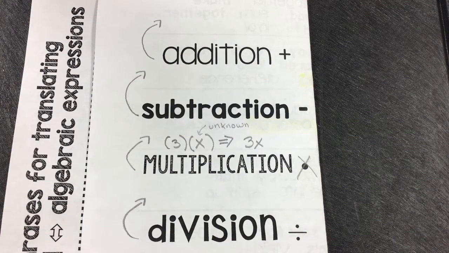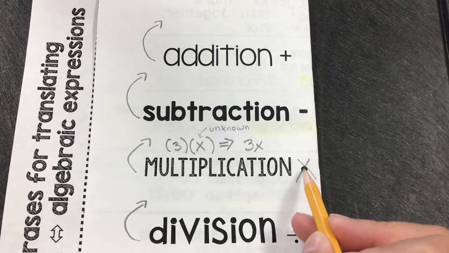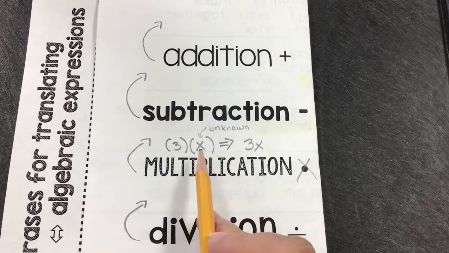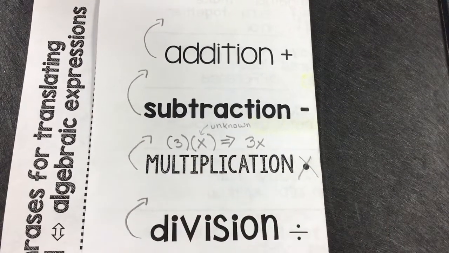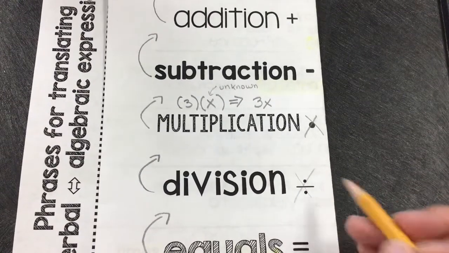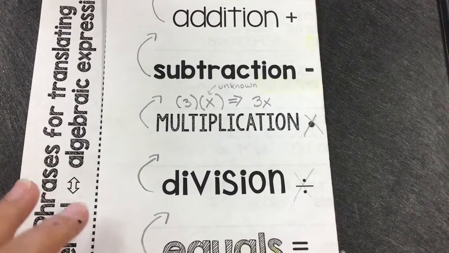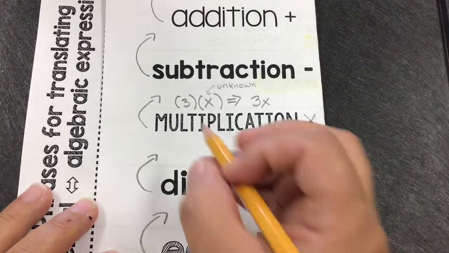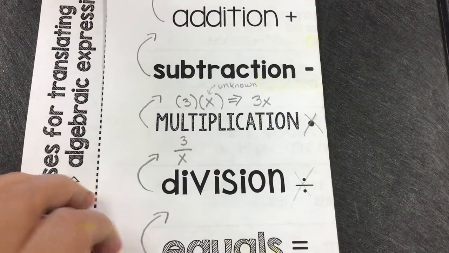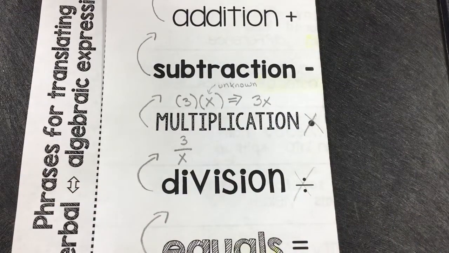So no longer are we going to use the X. No longer are we going to use that dot. We're going to use parentheses to indicate multiplication. Division. Ooh, we no longer use that symbol. We're going to use a fraction bar. So I'm going to put 3 divided by X. Fractions are division.